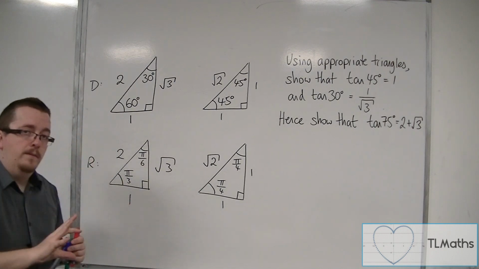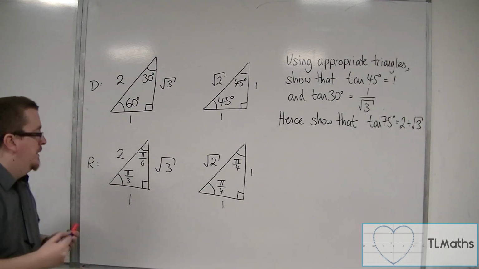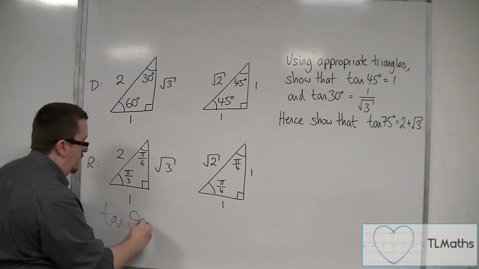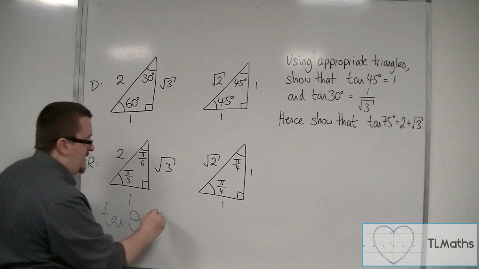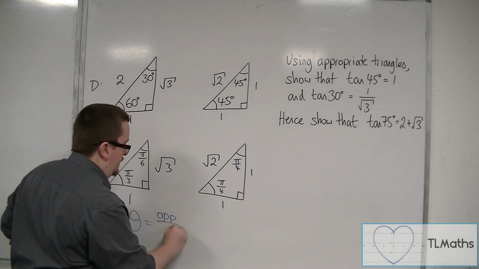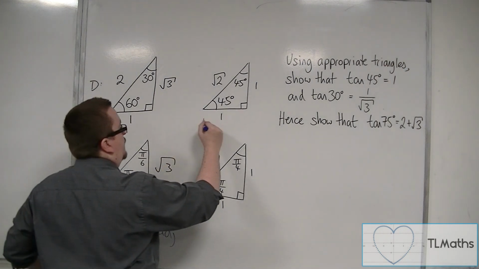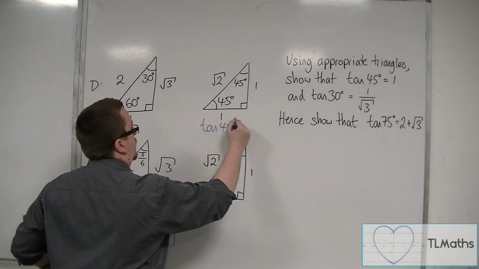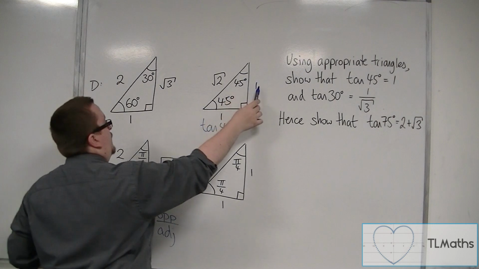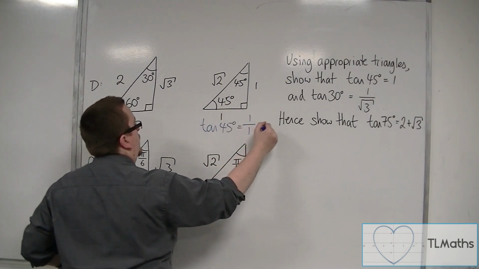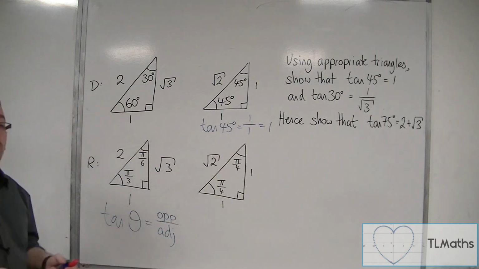Now, using SOHCAHTOA, tan of an angle is opposite over adjacent. So tan of 45 is equal to the opposite, 1, over the adjacent, 1. And so tan of 45 degrees is equal to 1.